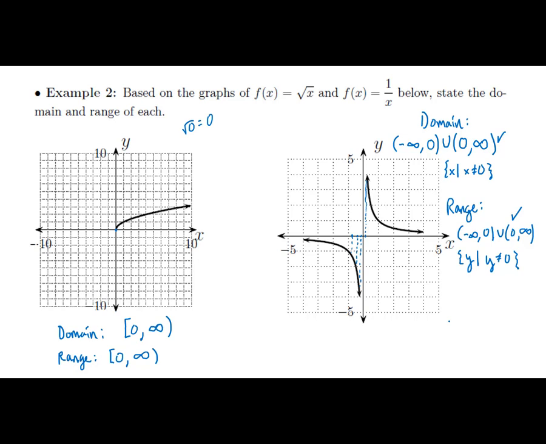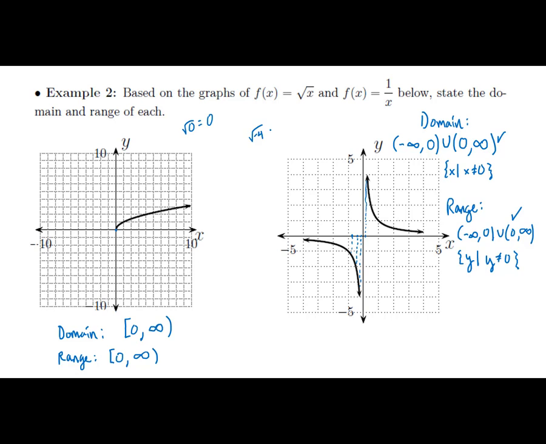Now, with these two graphs in mind, let's understand that the reason that their domains were restricted, the reason there were x values that I couldn't put into the function, is because of the nature of these equations themselves, right? So we know that we can't do something like take the square root of -4. The square root of -4 would have to be a number that if you times it by itself would give you -4.